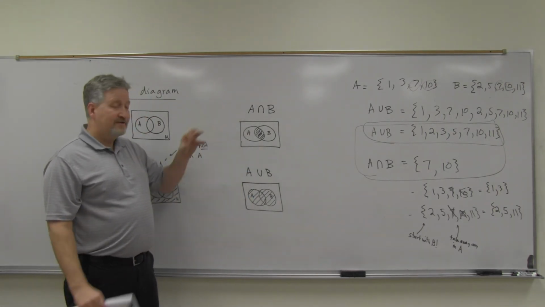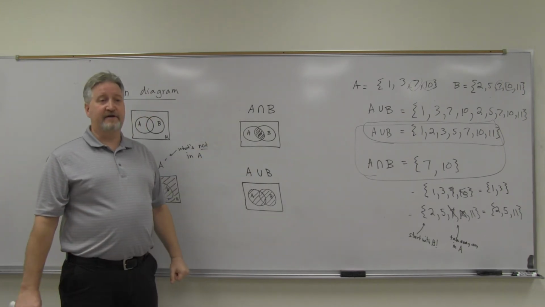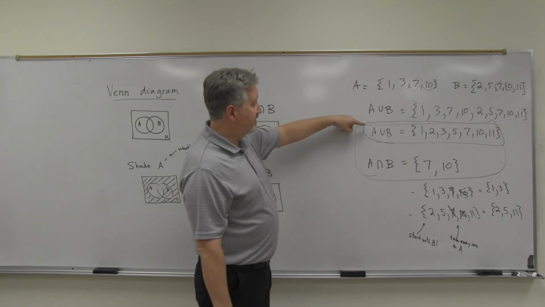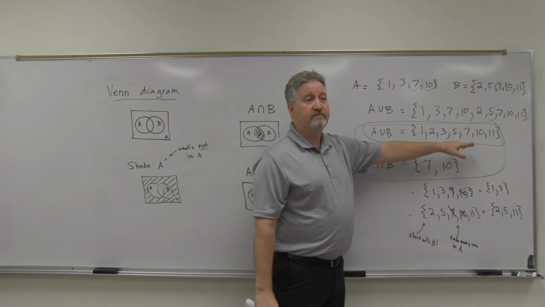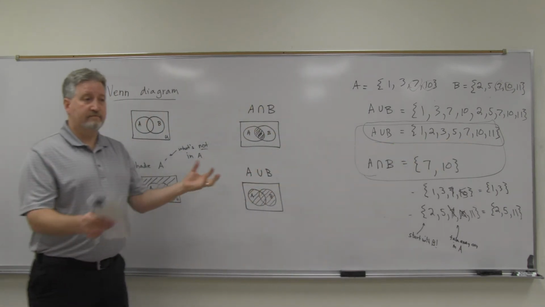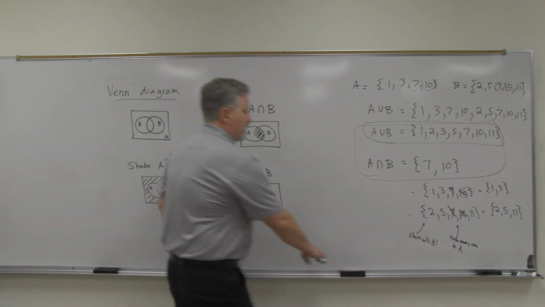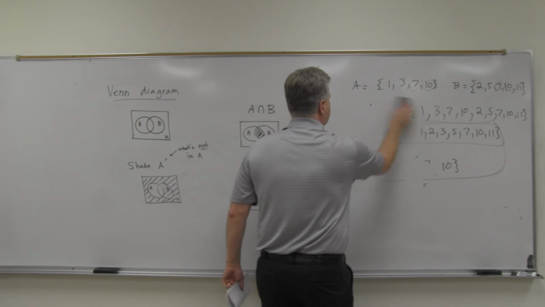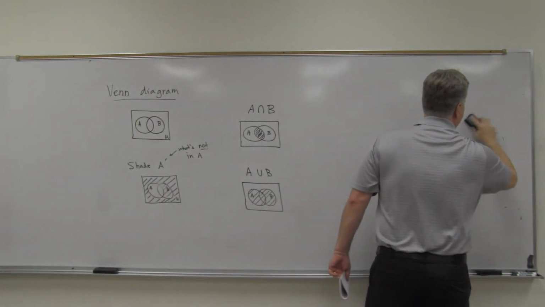So they're not two different sets, they are different, but the union actually contains the intersection. So that's an important note. And notice here also, the intersection is a part of the union. So they're not exclusive in that regard. I wanted to mention that to you. I'll erase those.